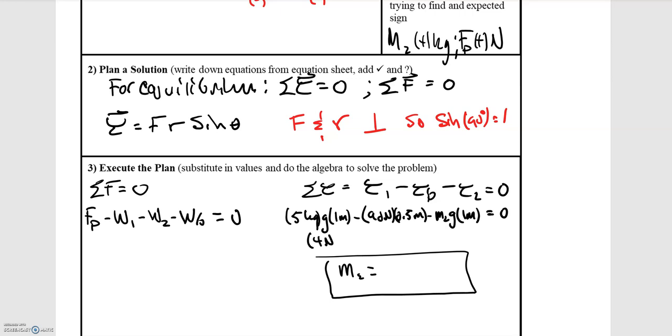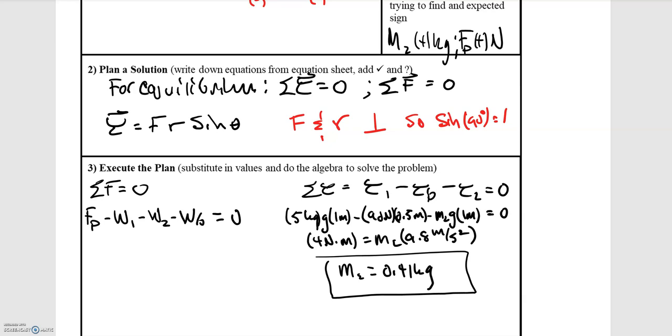Plugging that in your calculator, you find 4 Newton meters is equal to the mass of the second block times 9.8 meters per second squared, leaving you with a mass of the second block of 0.41 kilograms, which is significantly less than what we found earlier when we dealt with the board that was massless.